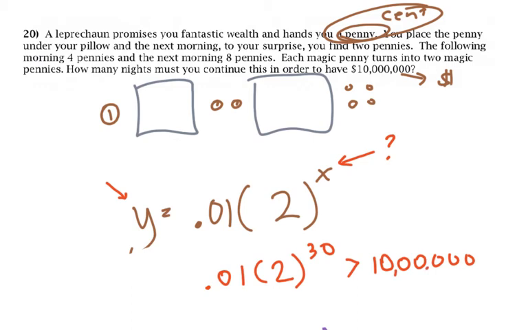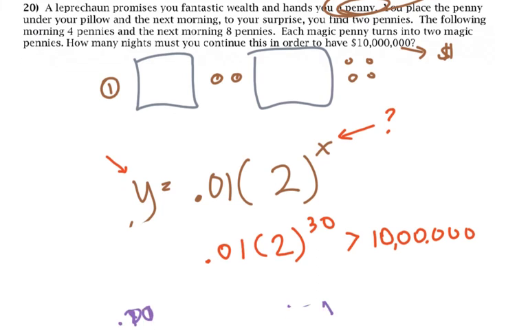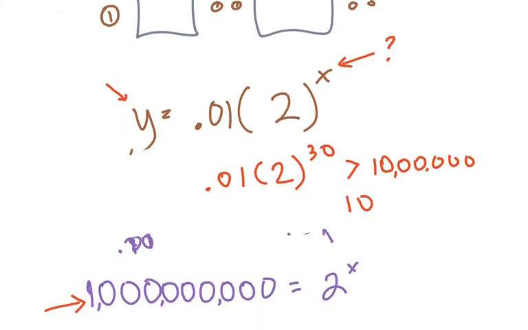So you can just make sure that that really works. 0.01 times 2 to the 30th power, and like we saw earlier, I get $10,737,418.24.